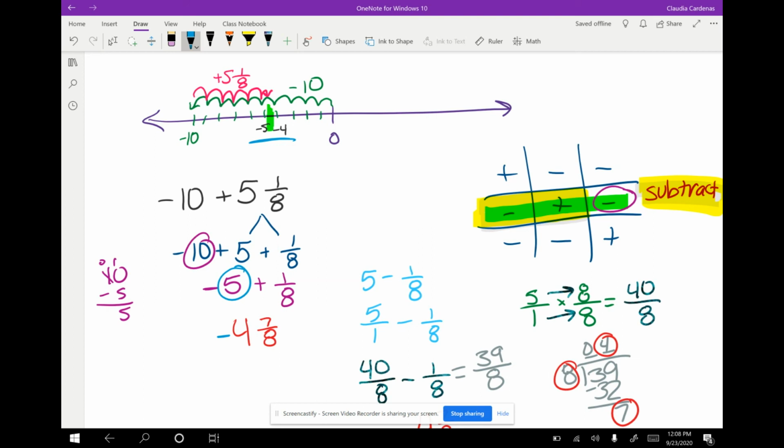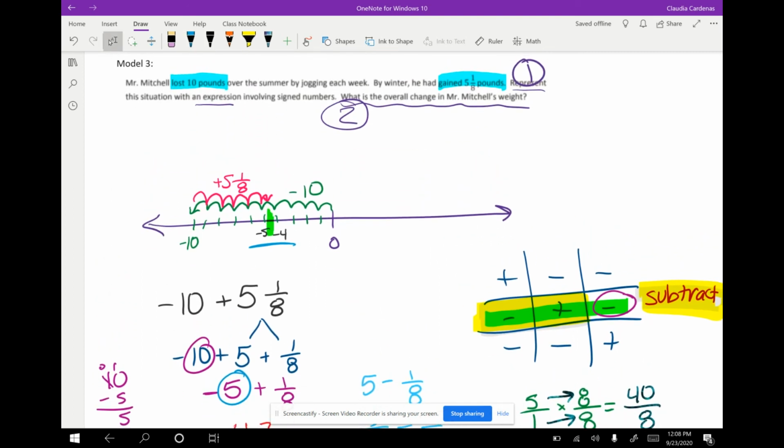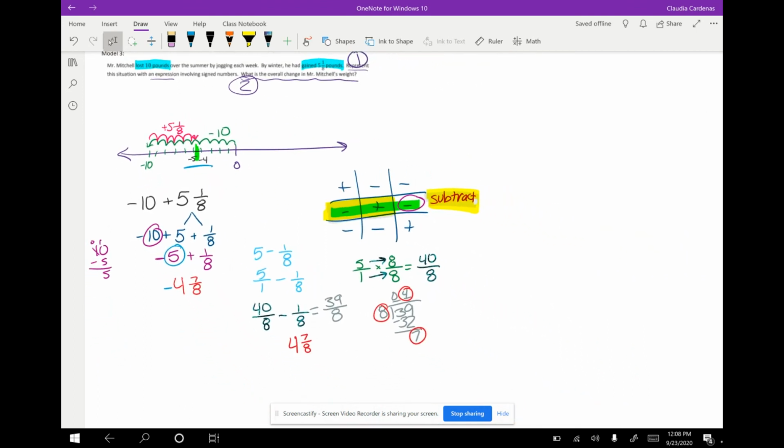Awesome. So now that we've figured out the exact number that we're at on our number line, let's go ahead and answer our question in a complete sentence. So it says, what is the overall change in Mr. Mitchell's weight? So let me zoom out and write our sentence.